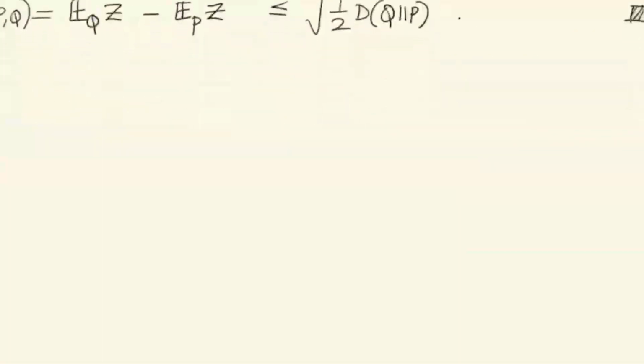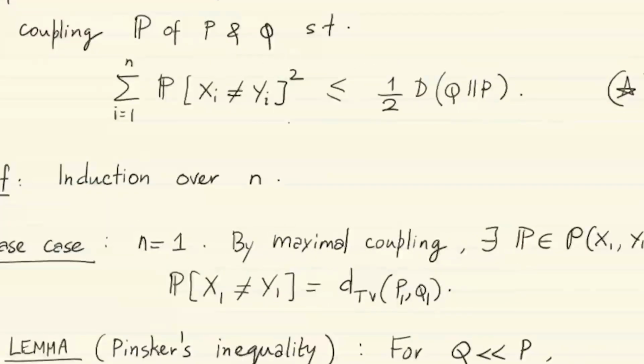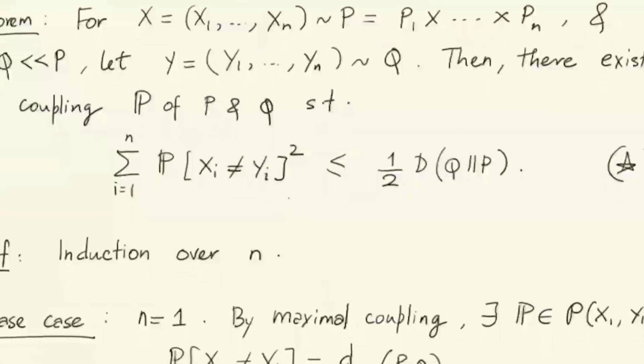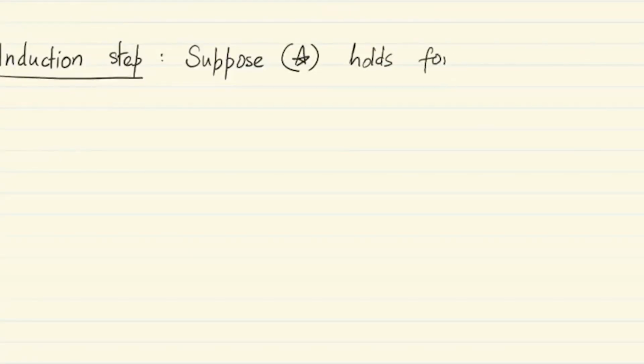Now, for the induction step, let's assume that the claimed inequality in the theorem holds for n equal to k. So suppose that the statement star holds, the conclusion of the theorem holds for a collection of k random variables x1 through xk and y1 through yk. That means there is a coupling that gives you the desired property.